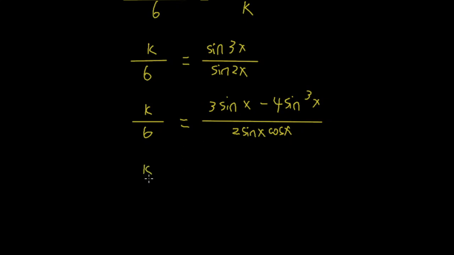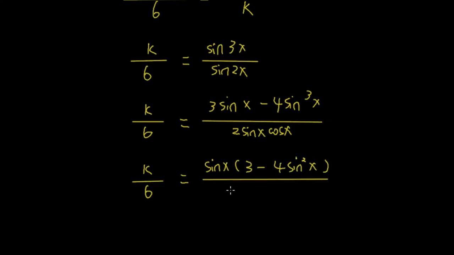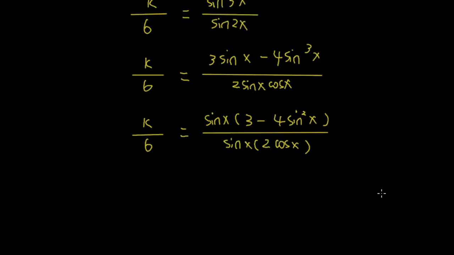So k over 6 is equal to sine x times 3 minus 4 sine squared x, divided by sine x times 2 cosine x. Now this sine x and this sine x cancel out.